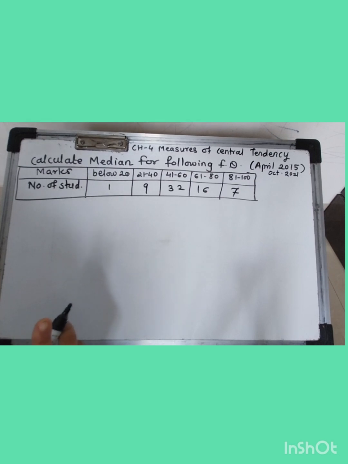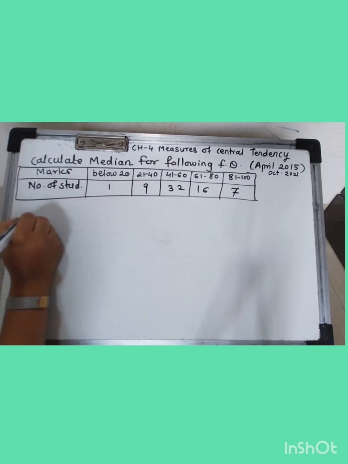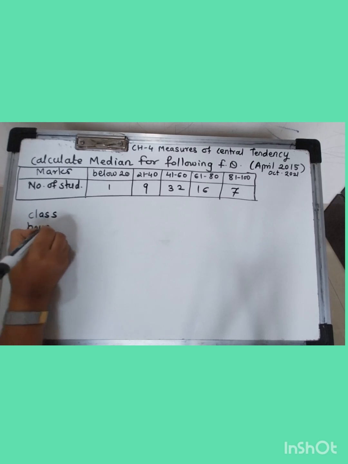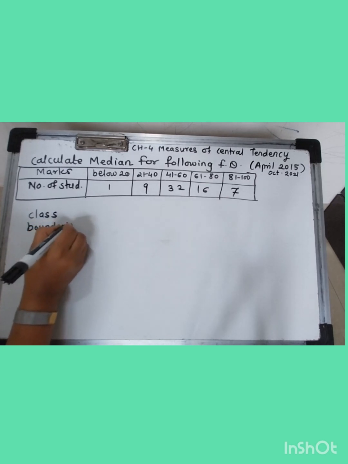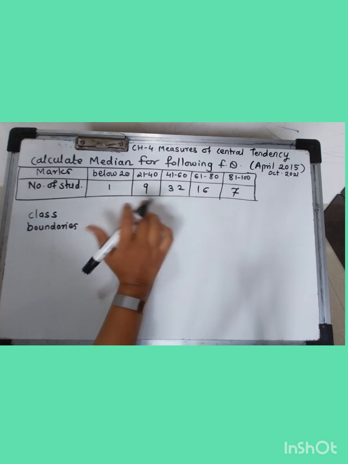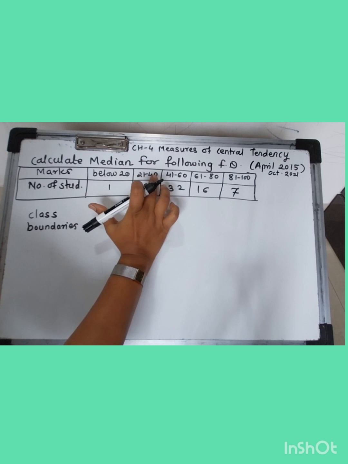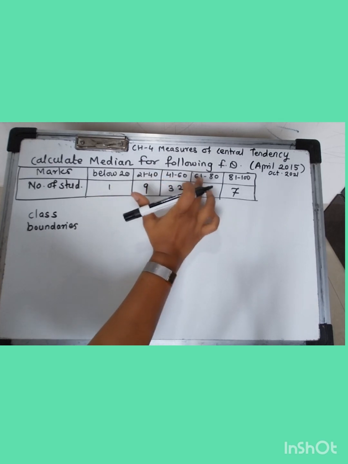What are the steps? First step: obtain the class boundaries. If continuous classes are given, there is no need to obtain the class boundaries, but these are not continuous classes. There is a difference of 1: 40, 41, 60, 61.